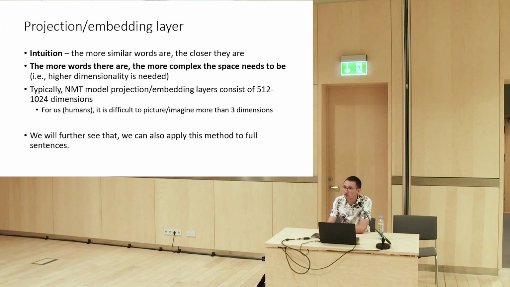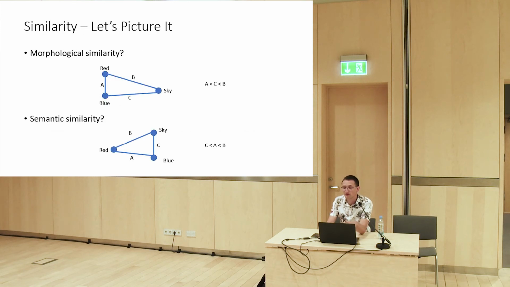If we have more words, we actually have a problem that we cannot put them on a plane anymore. So if we have 4 words, in order to correctly position distances, we would need to introduce a 3rd dimension. And to combine morphological similarity and semantic similarity, we also need to add more dimensions.